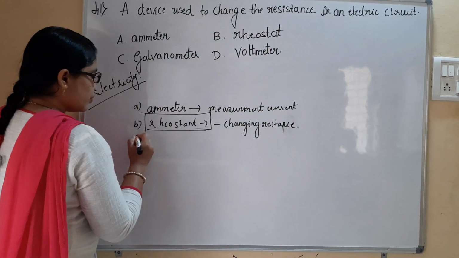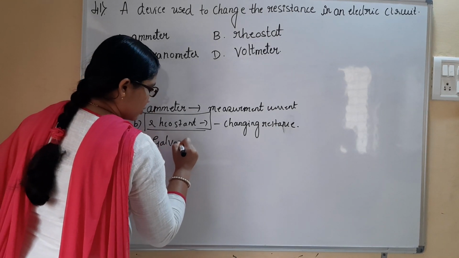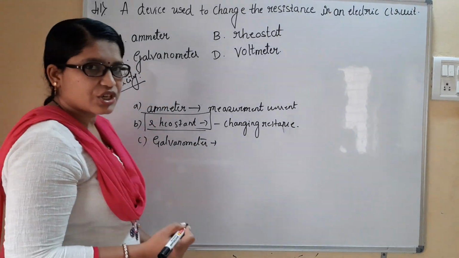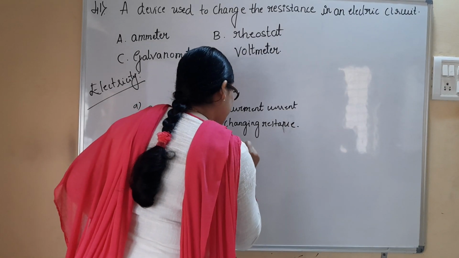This rheostat is used for changing the resistance. Then we have the third one, C, galvanometer. Galvanometer is going to help us for the detection of flow of current. It detects the current.